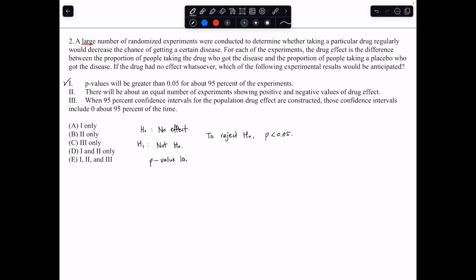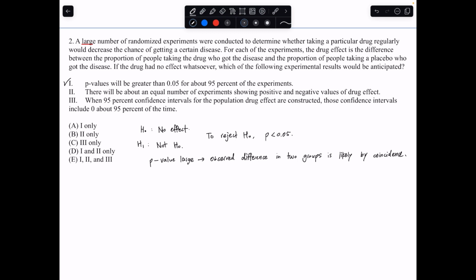So p-value large means likely observed difference is likely by coincidence, okay?